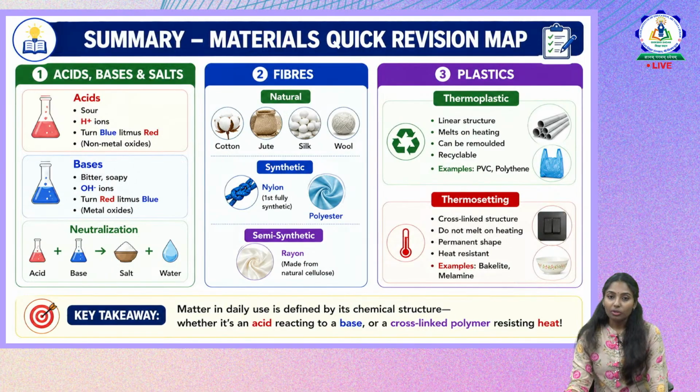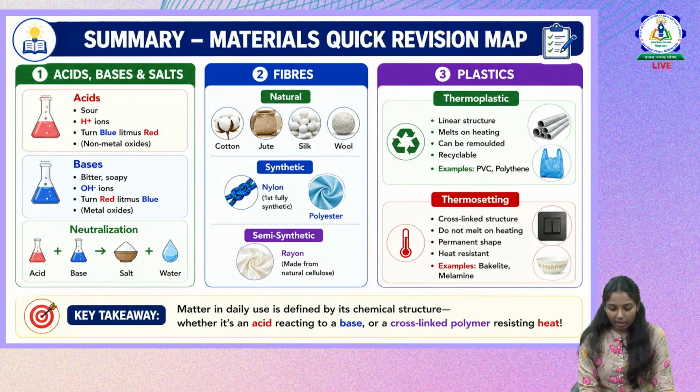Then we talked about neutralization reactions, how they apply to antacids. About fibers, rayon is a man-made fiber. We talked about how nylon is different from all the other fibers, and about thermoplastic and thermosetting plastics, how they are different. We talked about the properties of plastic.